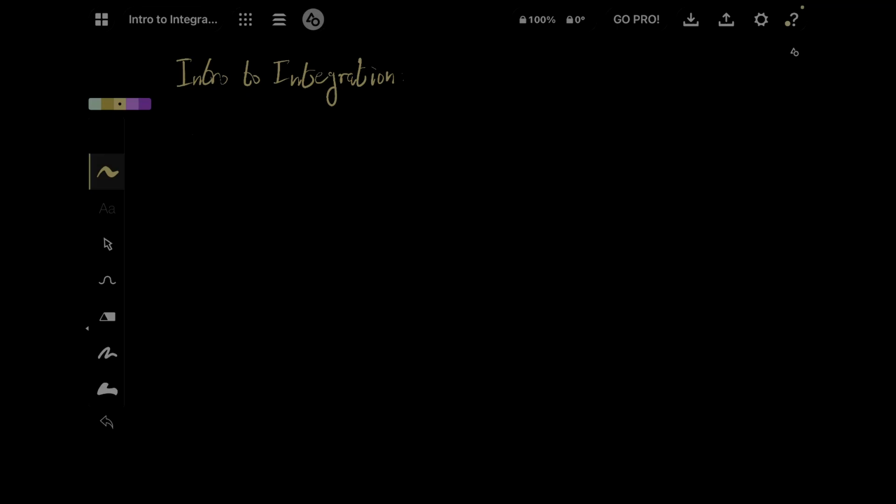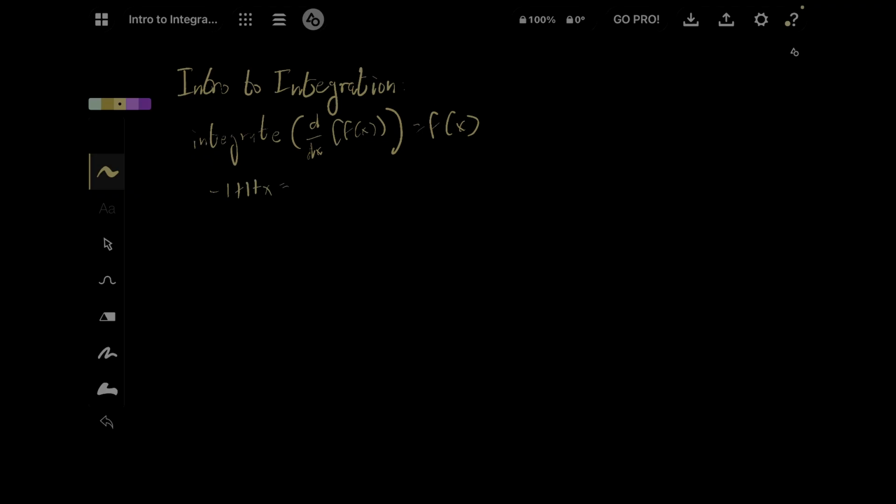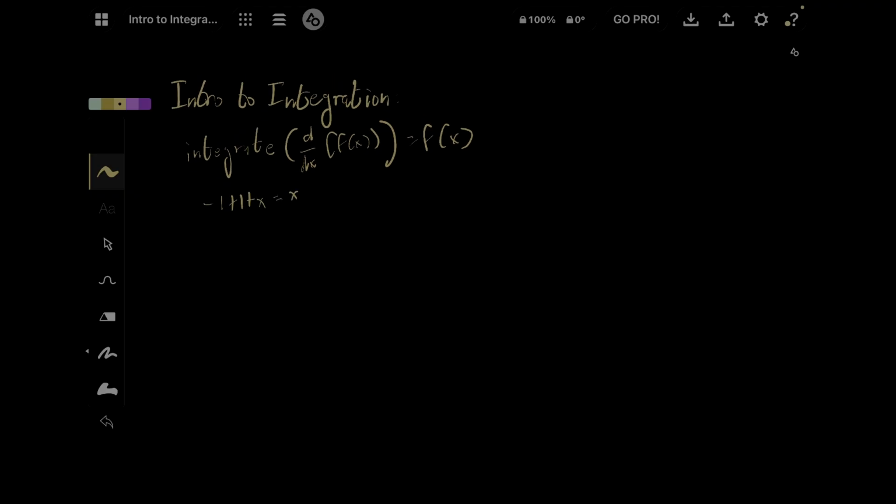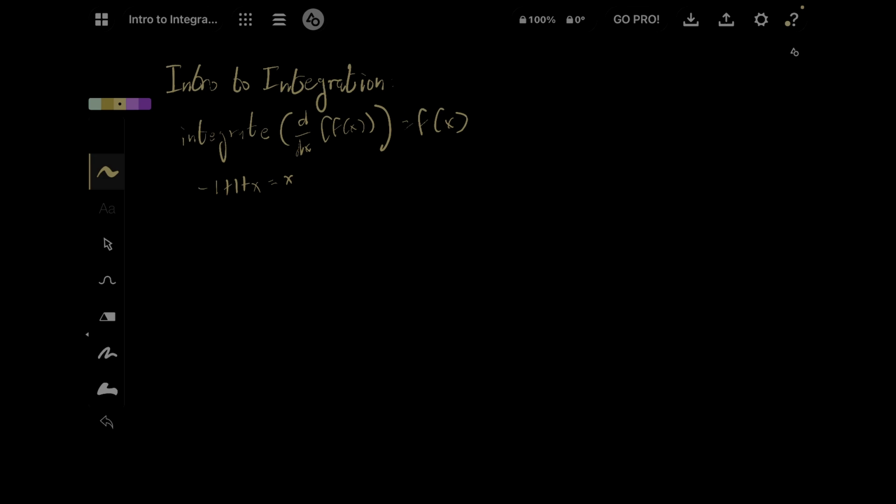So, if I integrate the derivative of a function, then this is just the function. And this is what I mean by opposites. Just like if I subtract 1, then I add 1 to x, then the result will still be x with no difference made whatsoever.